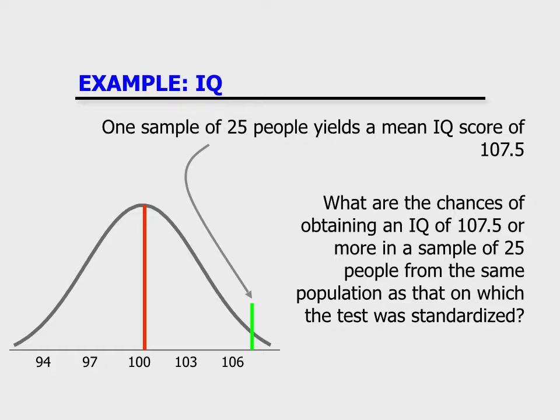What are the chances of obtaining an IQ of 107.5 or more in a sample of 25 people from the same population as that on which the test was standardized? So basically we're taking a chunk of the people who were tested and we're saying, what are the chances in a sample of 25 of those people that you would score either a 107.5 or higher on an IQ test? Well, let's take a look.